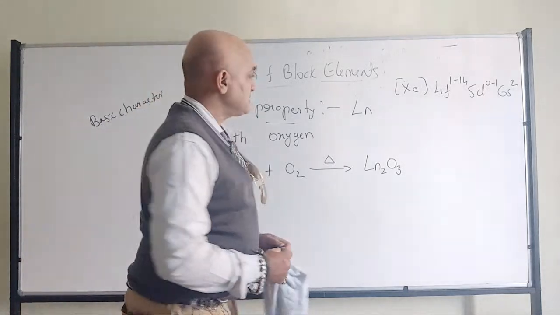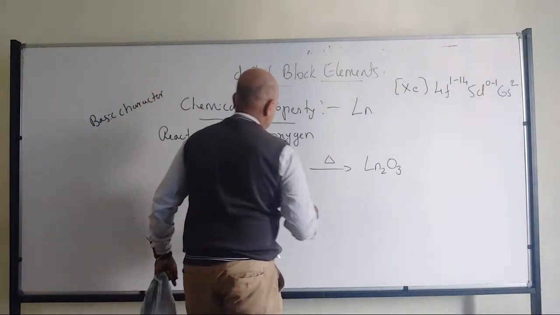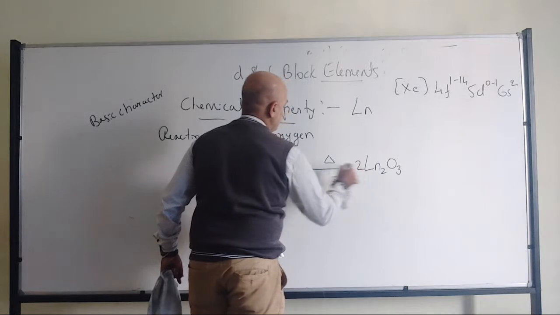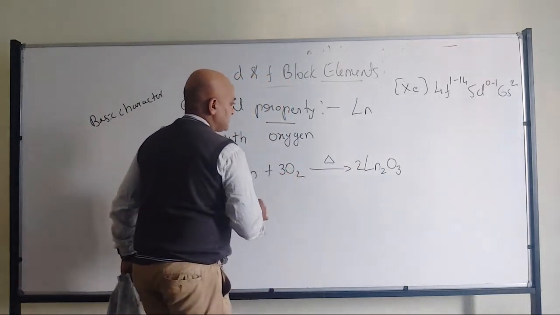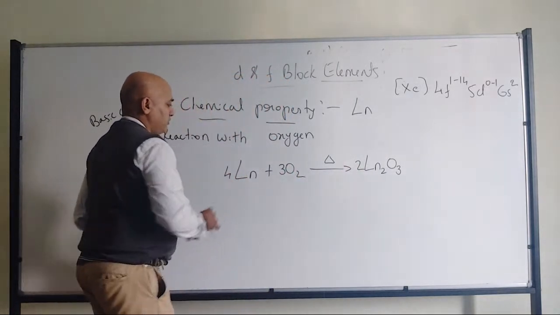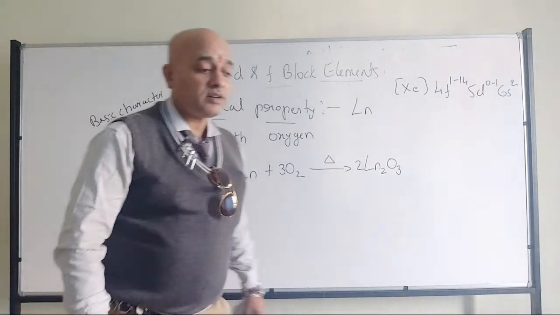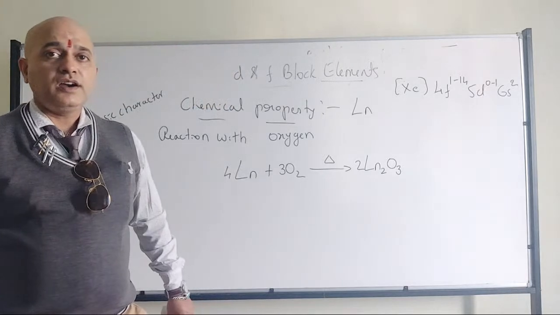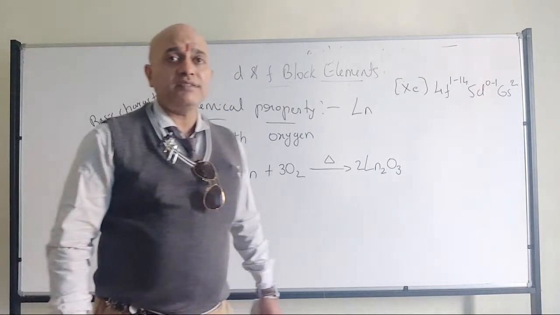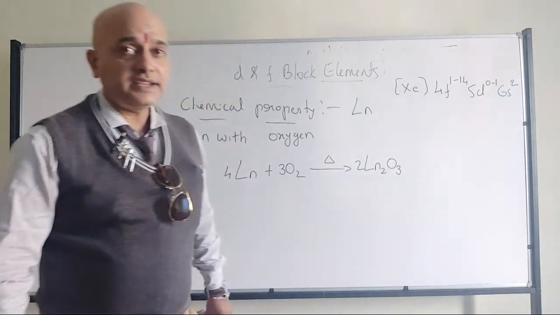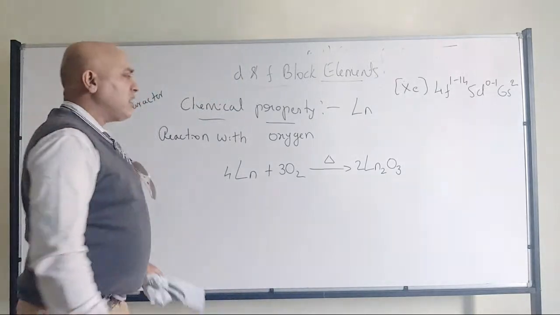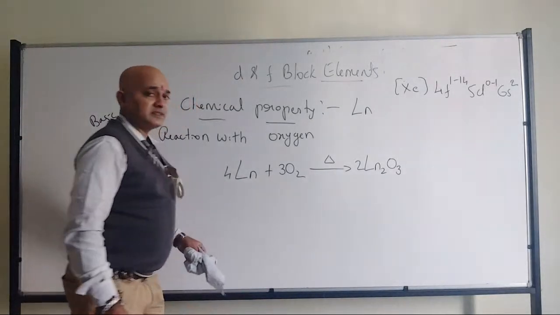So fine, that's where we have the oxides. Now I can make it as 2, so here I will make it as 3, so here it will be 4. So that's where we have the reaction with oxygen. Fine, all of you have understood? Any doubt?